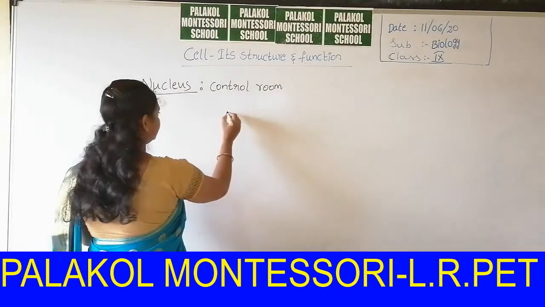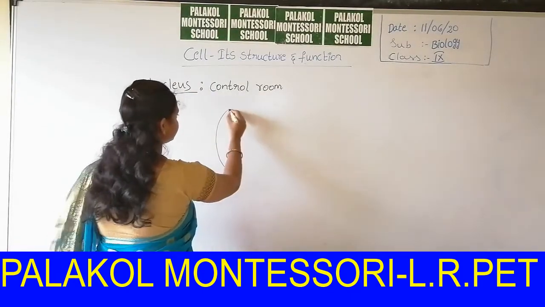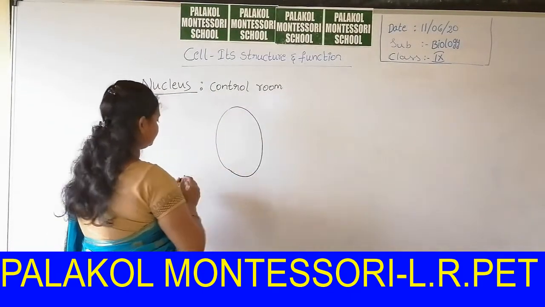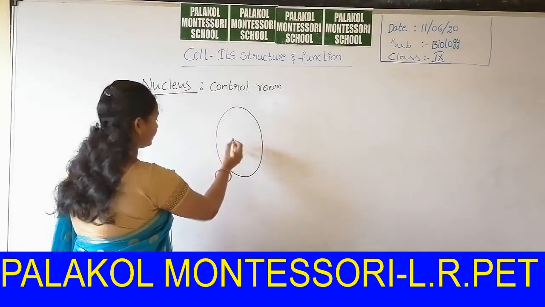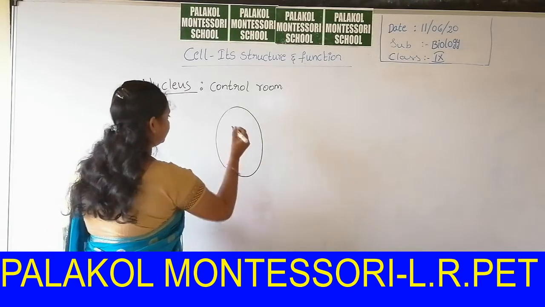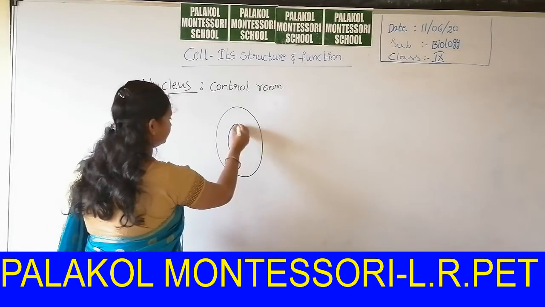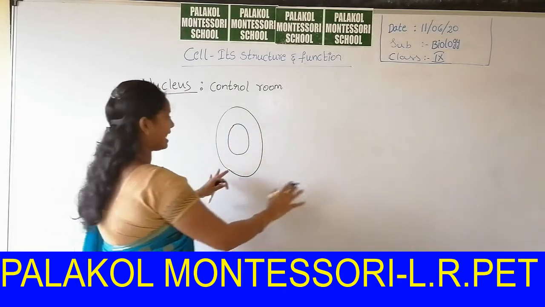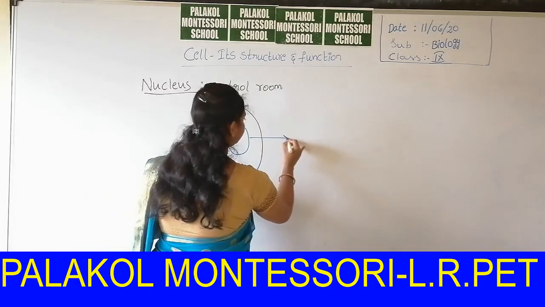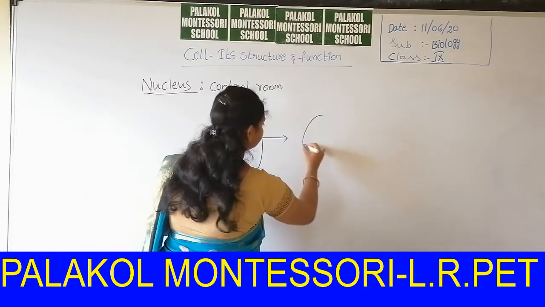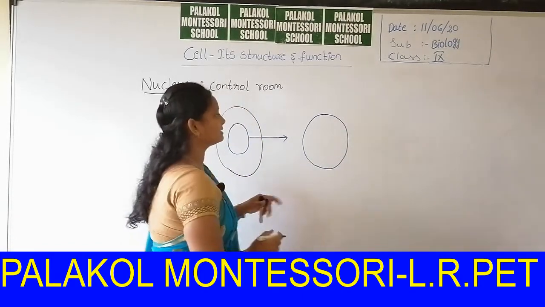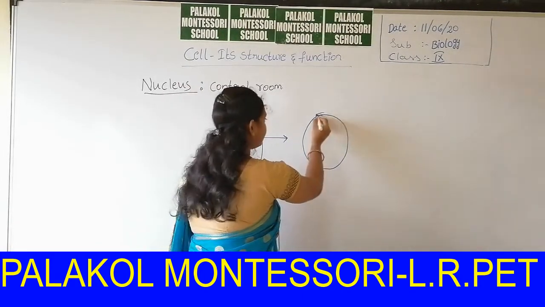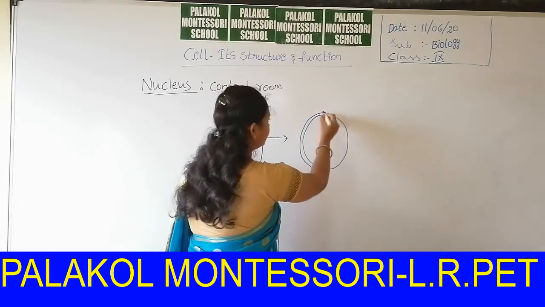Okay. For example, this is a cell. Inside the cell, the nucleus is present. Here, I want to draw a magnified structure of the nucleus. The nucleus has two membranes.